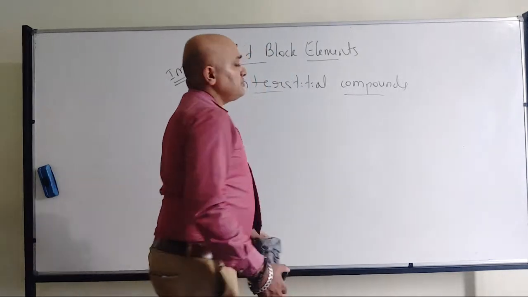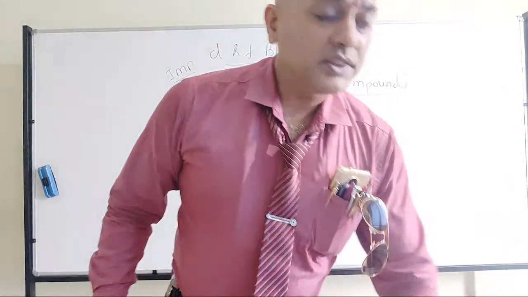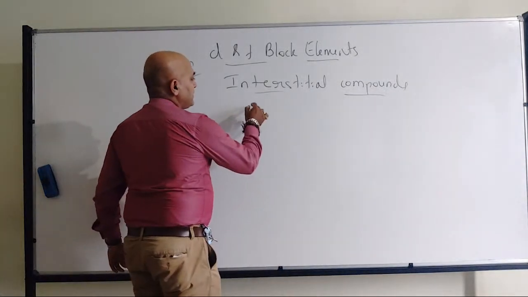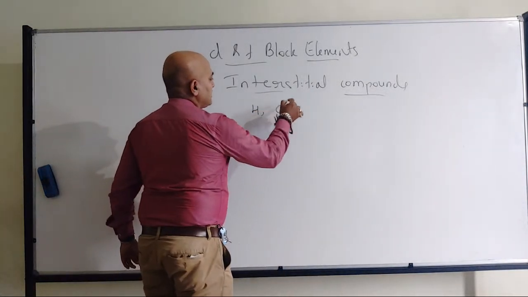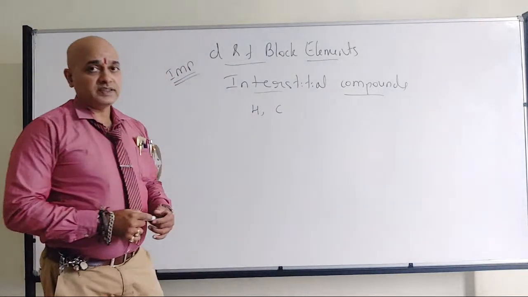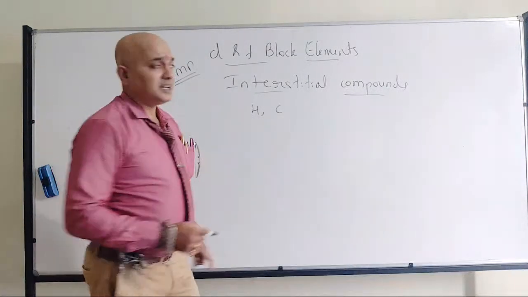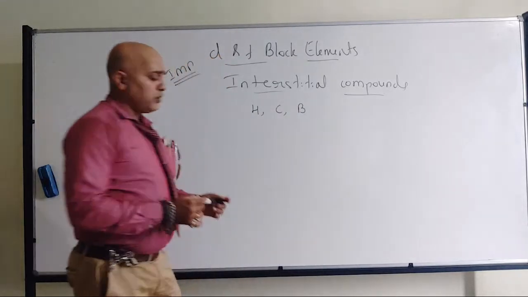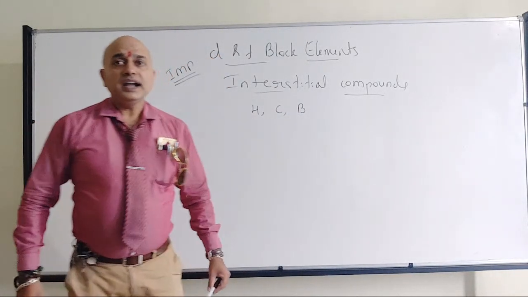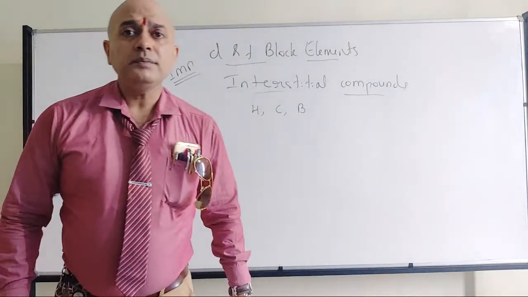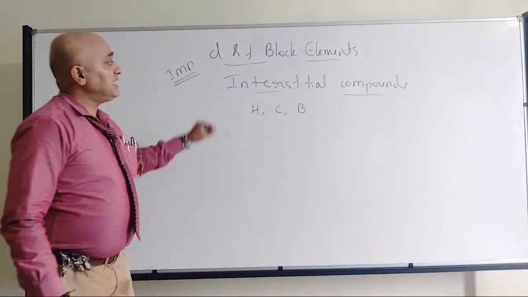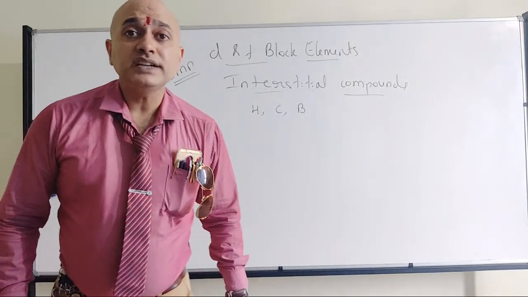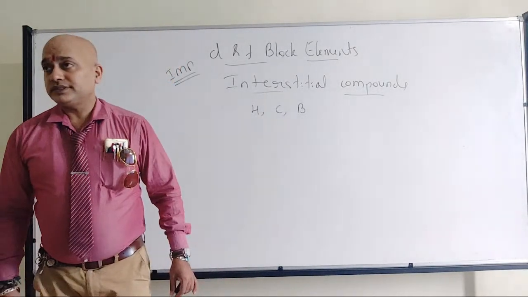Now when it comes to interstitial compounds with transition elements, that small element can be hydrogen, carbon, etc. Normally it will be hydrogen and carbon. To some extent it can be boron also. So hydrogen, carbon, boron are the elements used for the preparation of interstitial compounds.